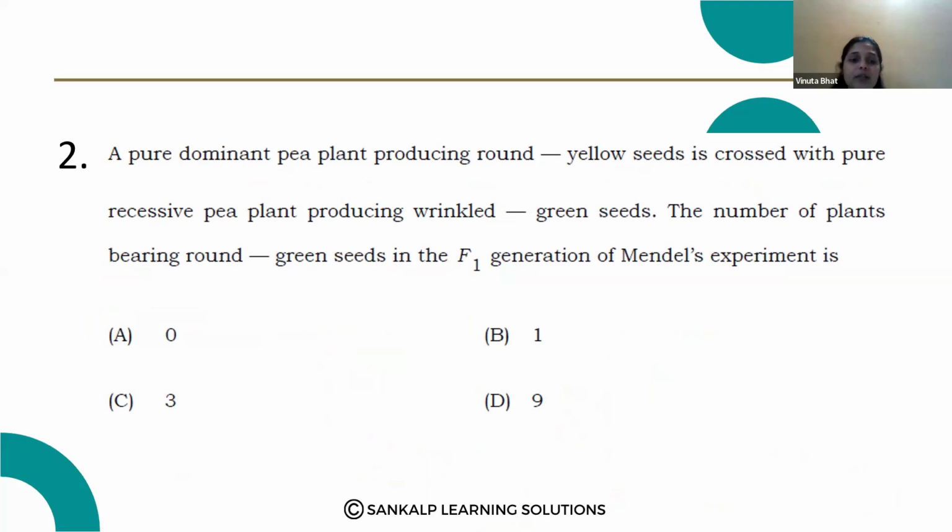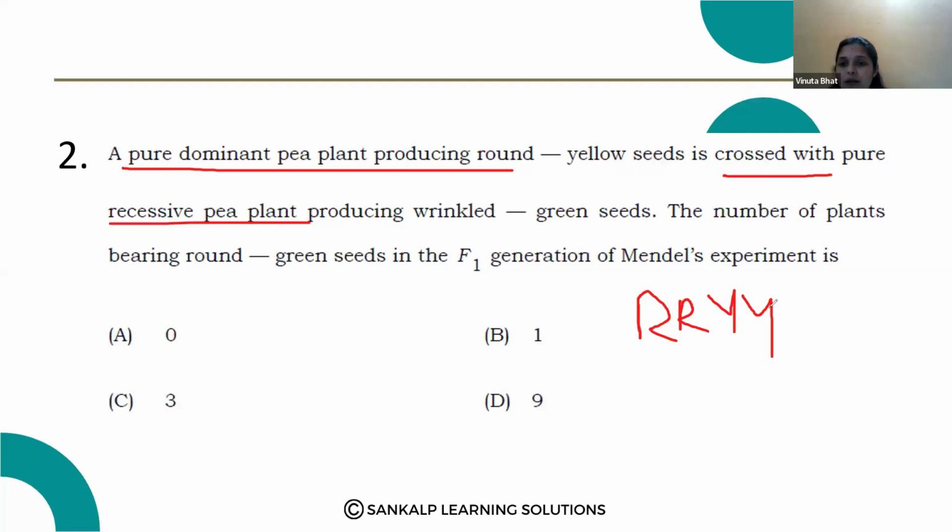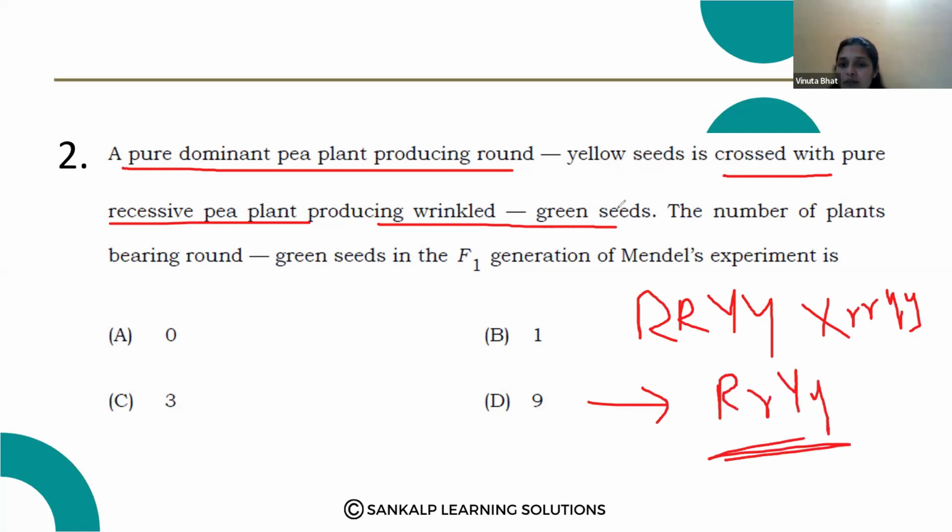The number of plants bearing round green seeds in the F1 generation of Mendel's experiment is, here a pure dominant pea plant producing round yellow seeds means capital R, capital Y, is crossed with a pure recessive plant, that is, recessive plants means small r, small y, producing wrinkled seeds. Here in the F1 generation, they are producing capital R, small r, capital Y, small y. Round yellow seeds in the F1 generation.